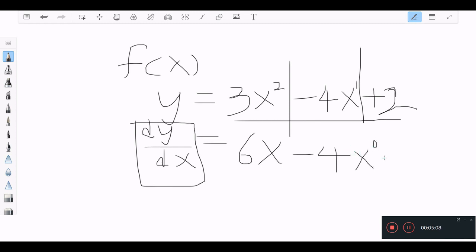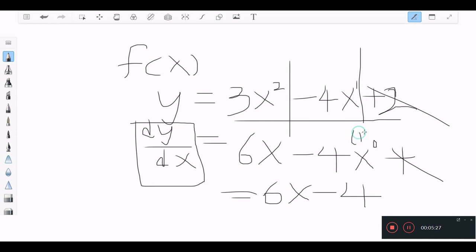Plus 2 is without x, so when you differentiate something without x, you just cancel it out, it gets nothing. So the answer here is 6x minus 4. This is what you get after you differentiate this function.